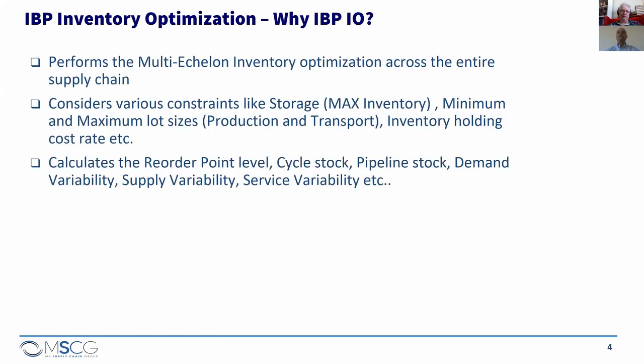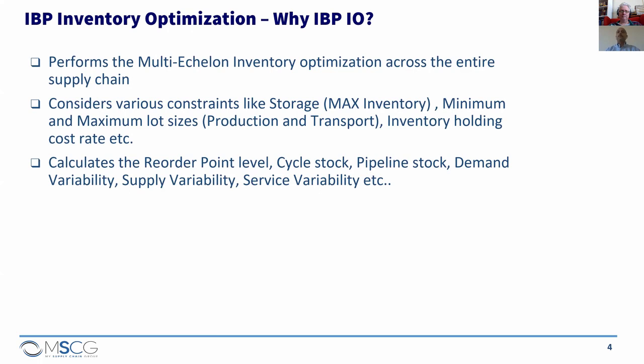What is a good reason to implement inventory optimization? What makes it so special? If you see our conventional method of safety stock planning in earlier days, we had APO and we also had IBP supply, and we had a few safety stock procedures available to do safety stock planning.